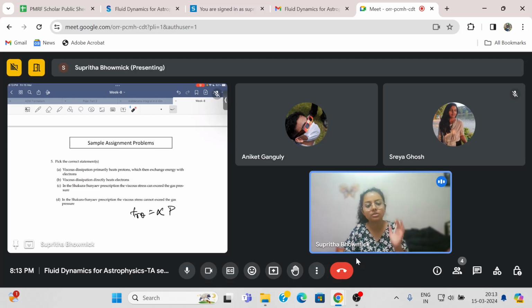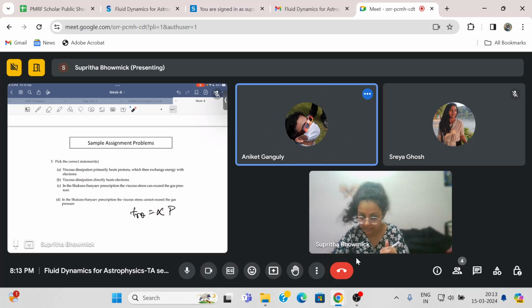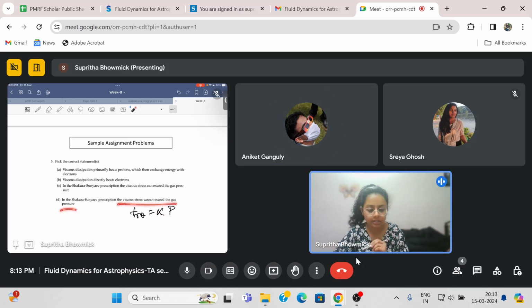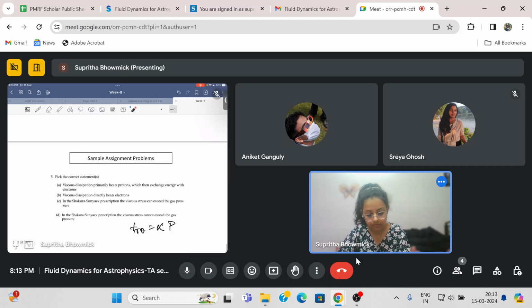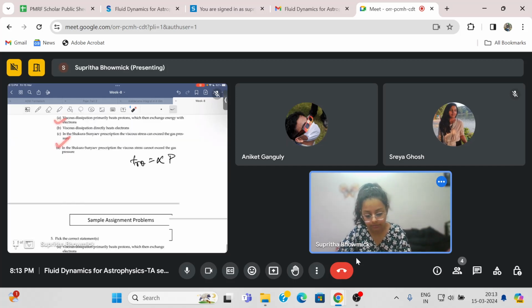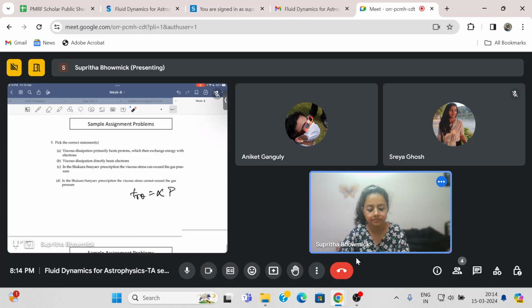They argued that this has dimensions of pressure, so it will be some fraction of the ambient pressure, meaning alpha will be between 0 and 1. So in this prescription, the viscous stress cannot exceed the gas pressure. So A and D are correct.